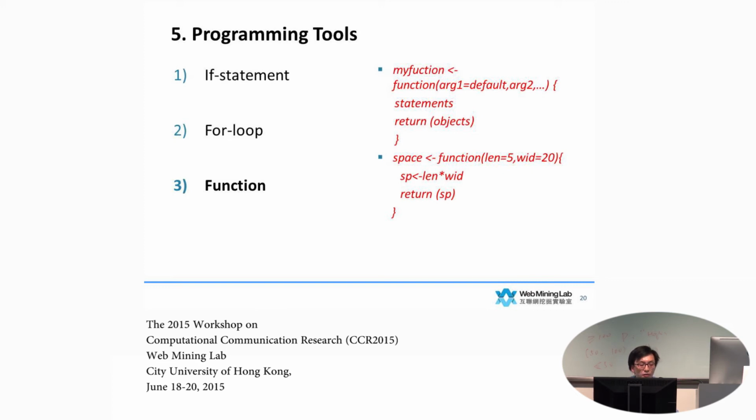We define a function. For example, we can write a function to calculate the area of a square. That means, for example, we use a variable width, 20, and then height is 21, and the area is the width multiplied by height, right?